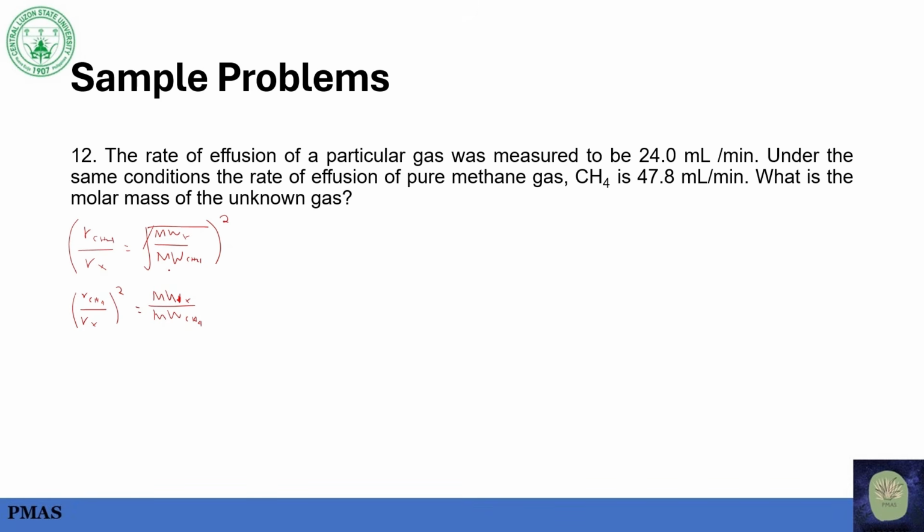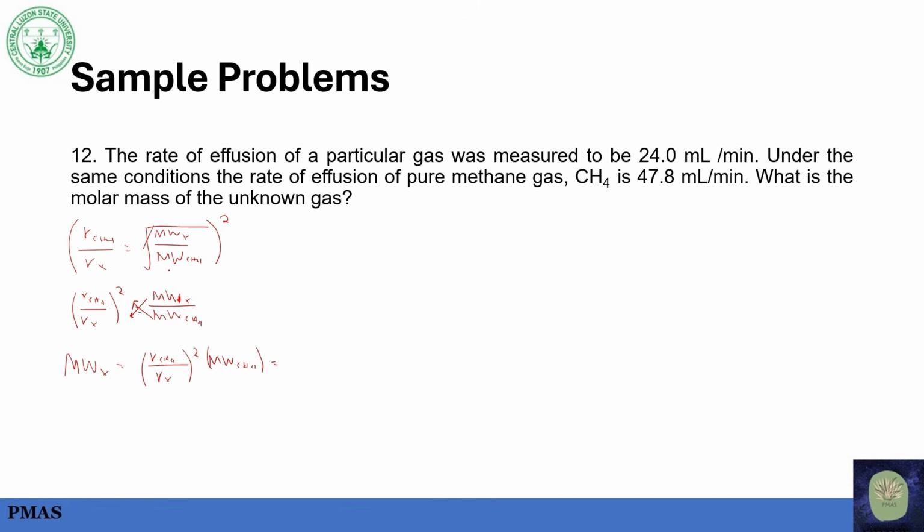Now to solve for the molecular weight of the unknown, we just cross multiply. So this is the rate of CH4 over the rate of the unknown gas, squared, multiplied with the molecular weight of CH4.